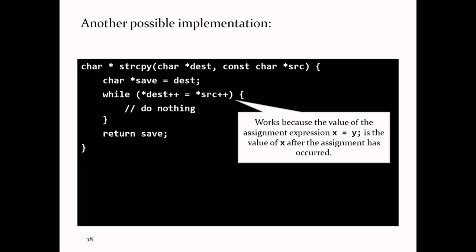Dereference source to get the C, and store that in whatever dest points at. Is C true? The answer is yes, because it's not 0, so keep on going. Advance source and advance dest.